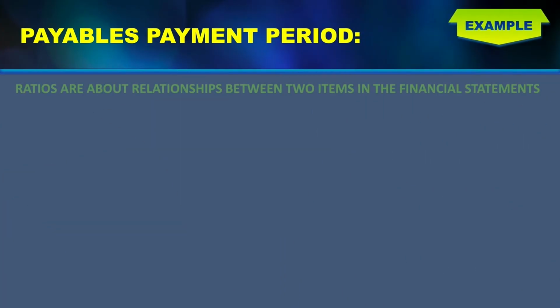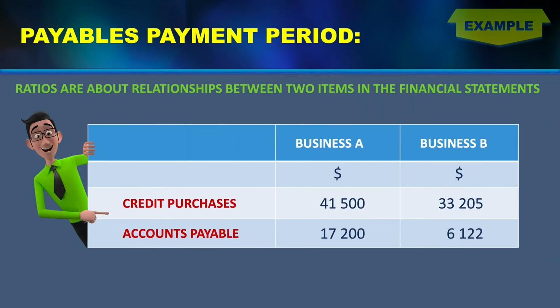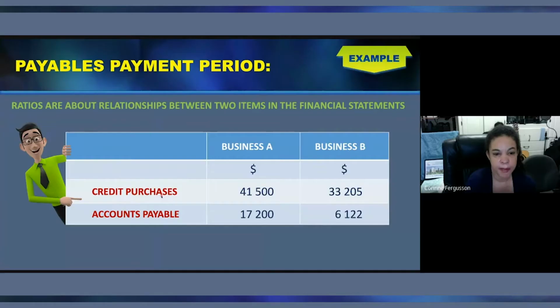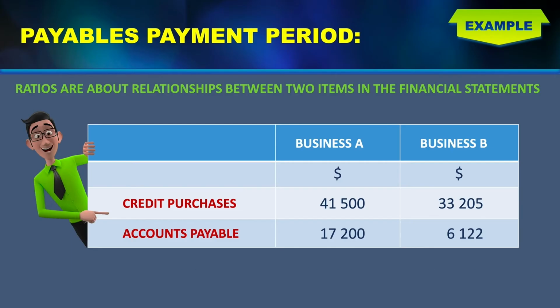So let's go to an example. We have the same businesses, business A and business B, but we have two different items because we are looking at the relationship for the payables payment period. So the relationship is between your payables and your credit purchases.